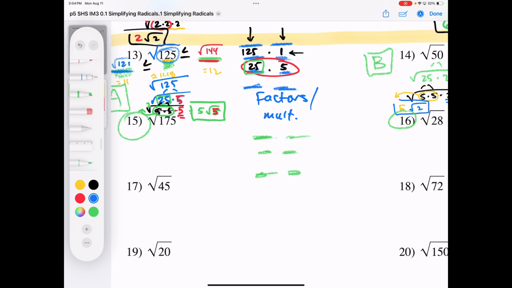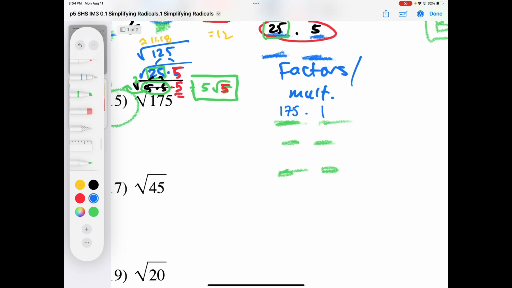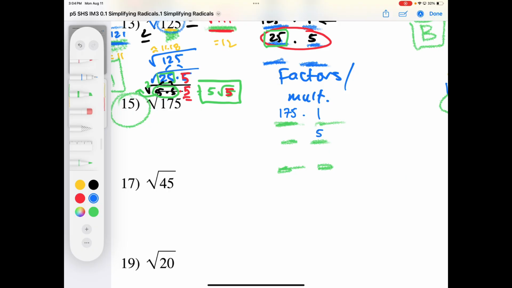Okay, class, help me write out the factors of 175. 175 times, what else? 5 times 35? Okay, with your partner, go ahead and pick which one are we going to use and why. We're gonna choose which one?